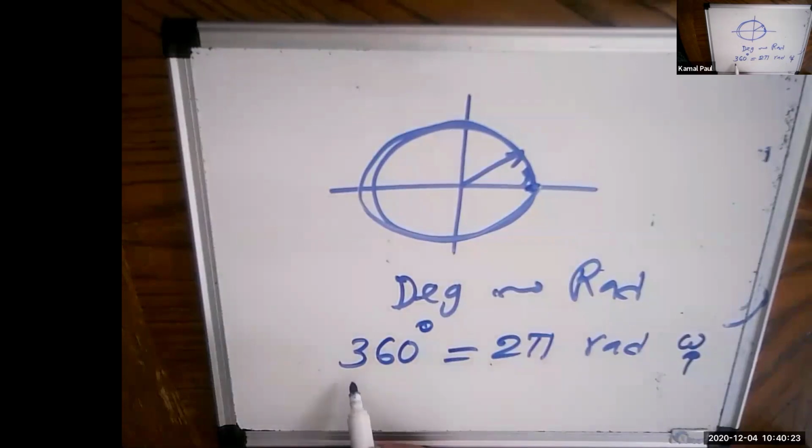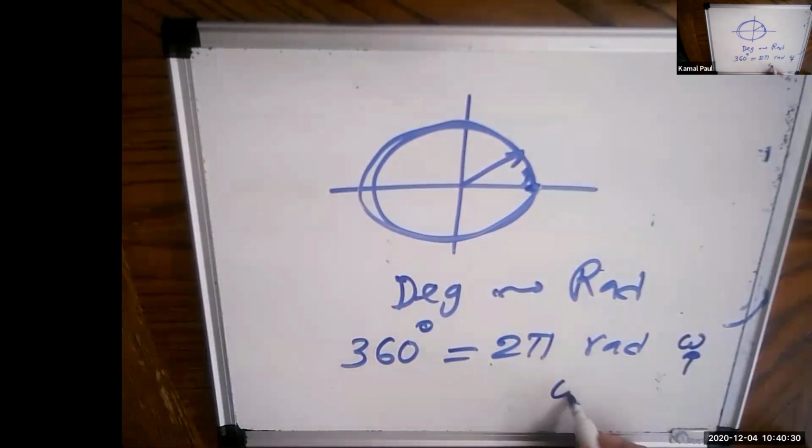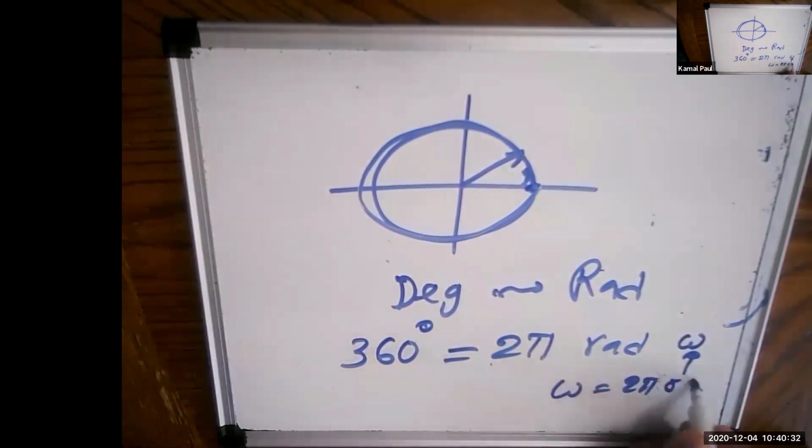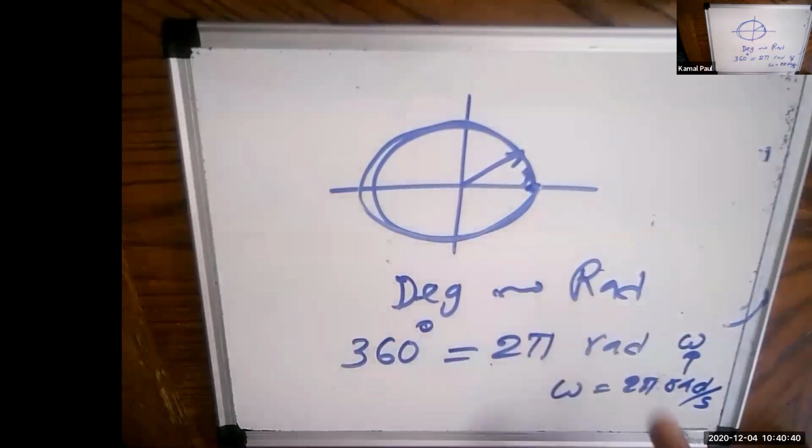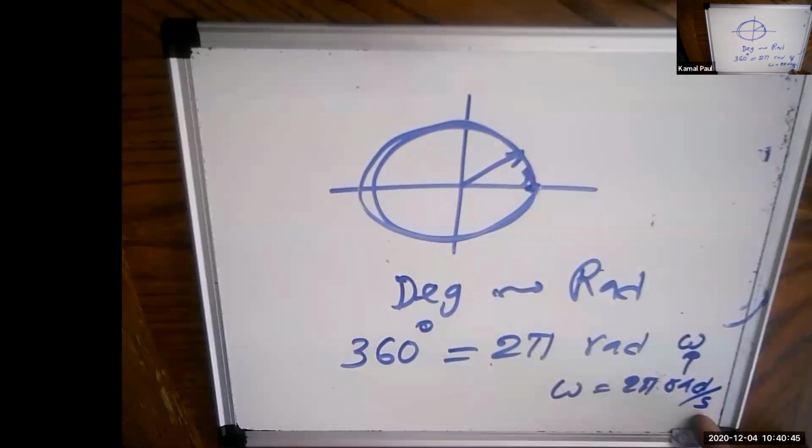So 360 degree means 2 pi radian. Sometimes we express it as rad per second because it is associated with frequency, hertz, 1 by s.